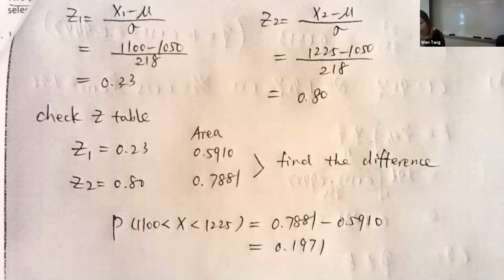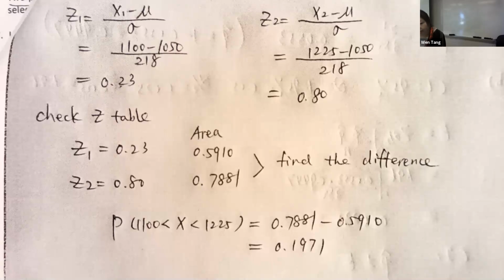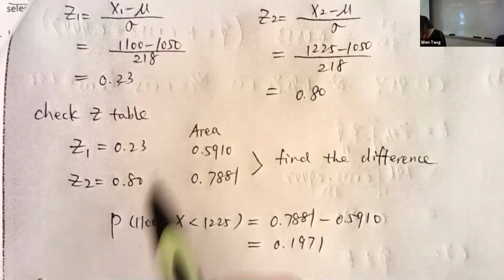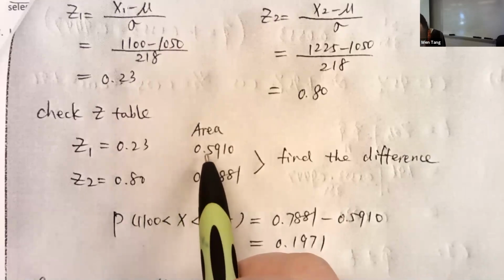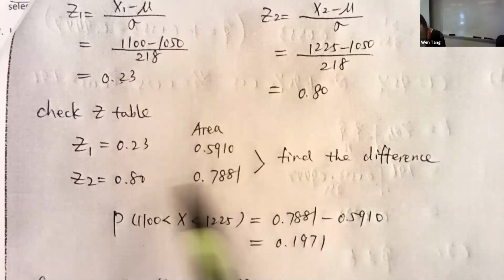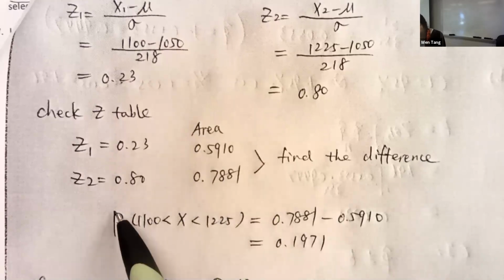We can use the z to determine whether the value is usual or unusual. We could use the z to find the corresponding area, but we never directly do any operation on z. So we use z to check the table to find one area, and another area for another z.